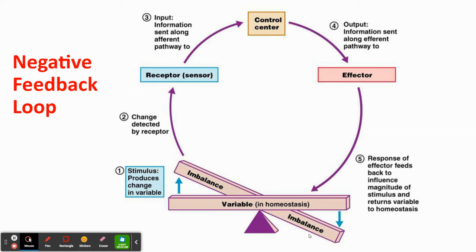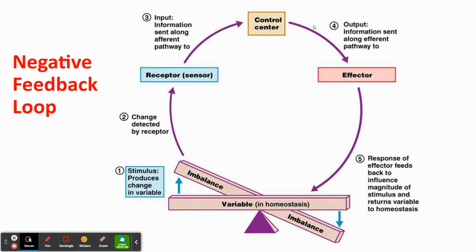So here's a model of a typical negative feedback loop. And pause the video whenever you need to stop and look at some of these diagrams. Our variable down here in the bottom on the seesaw is in balance. It's in homeostasis. Now, if we see an imbalance occur due to some sort of stimulus, we see that variable is now imbalanced. That change is going to be detected by a receptor of some sort, and that receptor is going to send a signal to the control center.